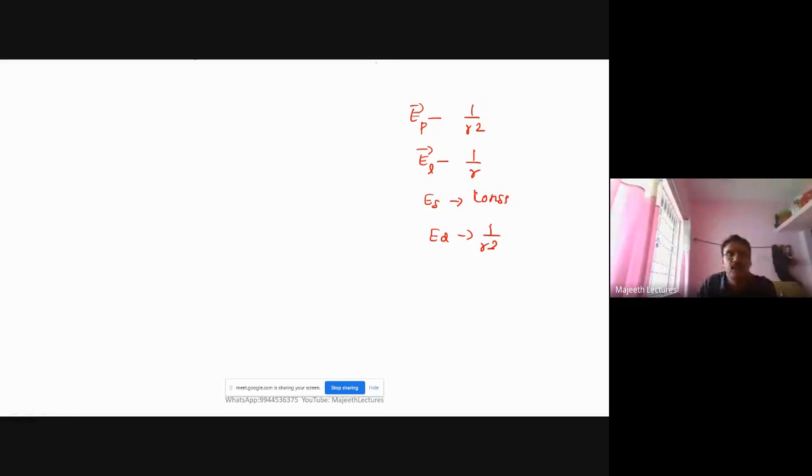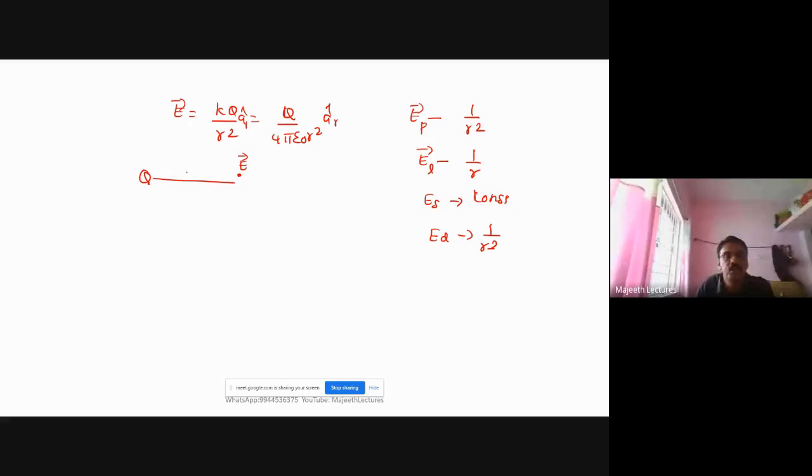So the general formula for electric field is E is equal to KQ by R square, where K is 1 by 4 pi epsilon naught, so E is Q by 4 pi epsilon naught R square, AR. This is the electric field due to point charge. Here R is the distance between the source and the field point. Suppose your charge is located here, and you want to find the electric field at this point.